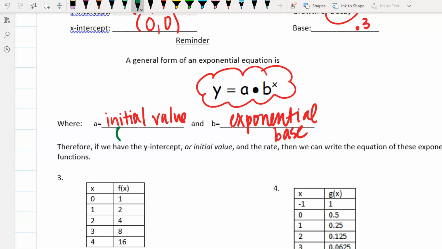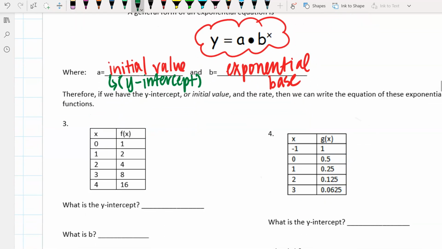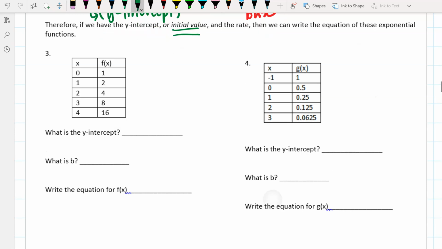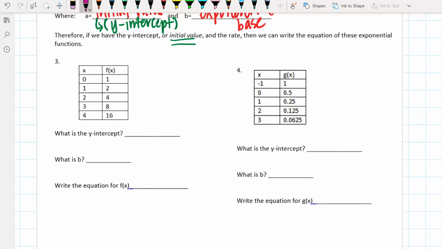A helpful fact here is that your initial value is actually going to be your y-intercept. Fun fact, make sure you have that written down. Therefore, if we have a y-intercept or initial value, and the rate, then we can write the equation for these functions. So this is doing a little bit more than what we did the other day.